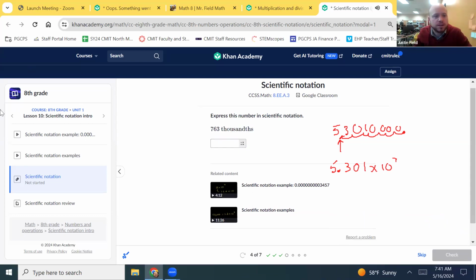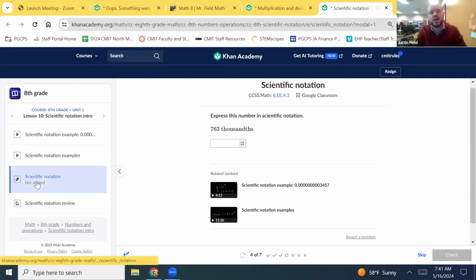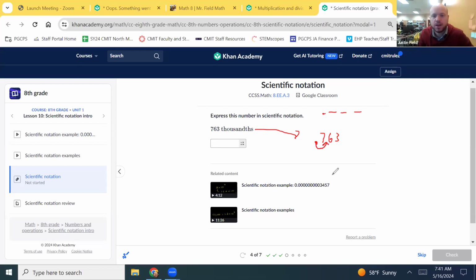All right, let's do this. Thousandths. So of course this is a small number. The thousandths place is the third decimal place: tenths, hundredths, thousandths. So that number is this. And if we want to write it in scientific notation, we need a ones place, right? So we need to move it one space that way. But notice this is the opposite way that we've done in the previous examples.